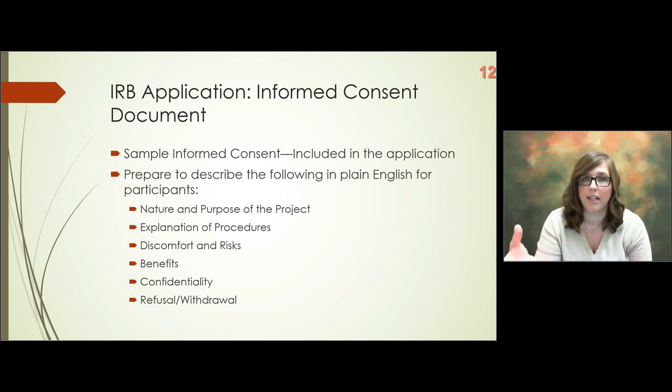It's really important to think about audience when you're writing, and the audience for these paragraphs is your participant. So you're going to write in standard English, but also plain English for your participants to understand, especially if you're working with students who may be new students or younger students. You're going to want to make sure they understand the nature and purpose of the project, the procedures, any discomfort or risks, any benefits, confidentiality, and refusal or withdrawal.